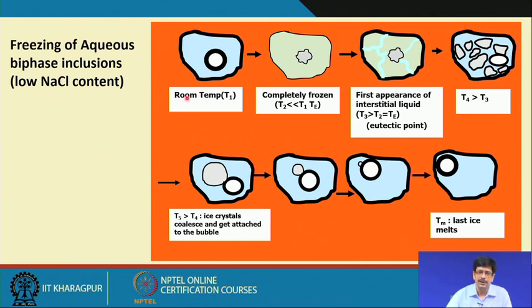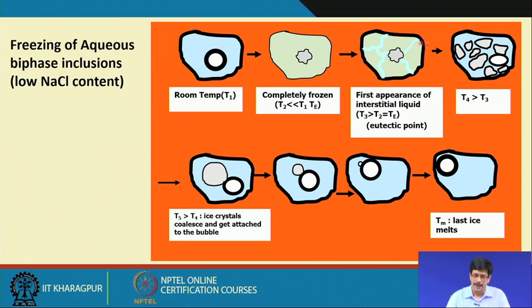Now, there are many practical things which could be discussed, such as what rate of cooling or warming we should use, and what would be good practice. As we know, the heating freezing systems that we are using can have a variation from almost 0.1 degrees per minute to even 100 degrees per minute.